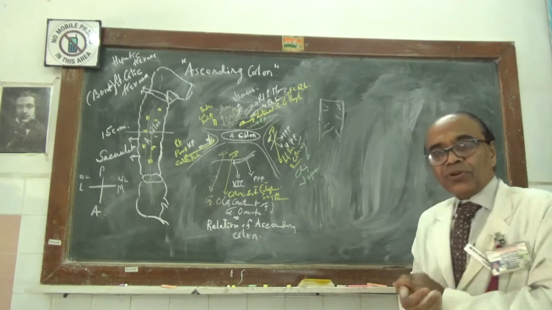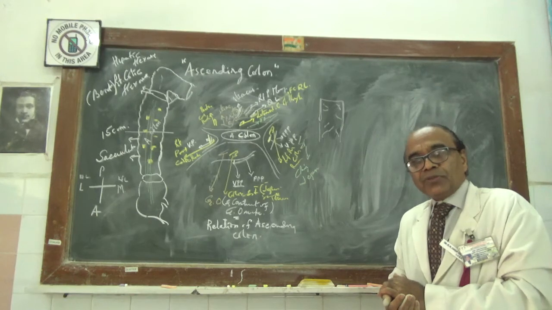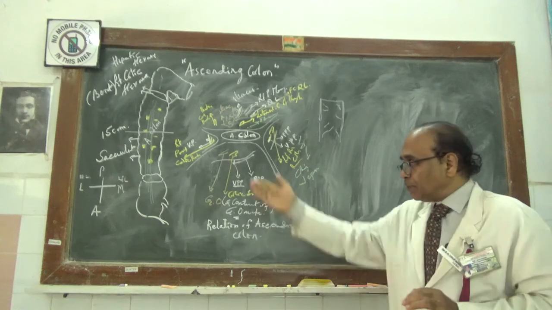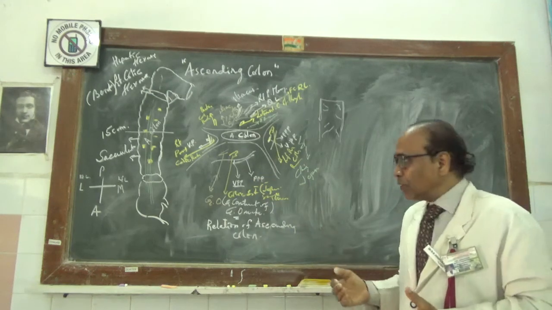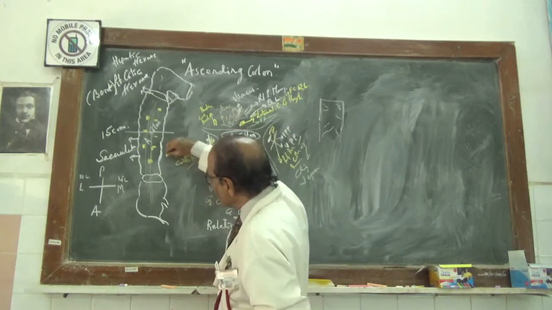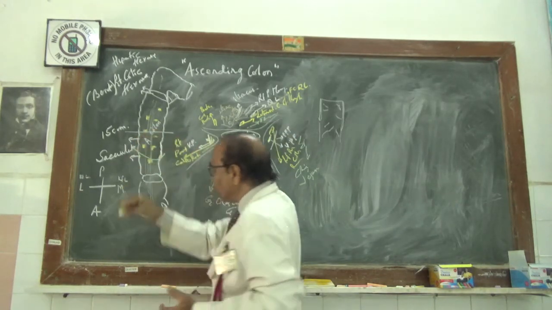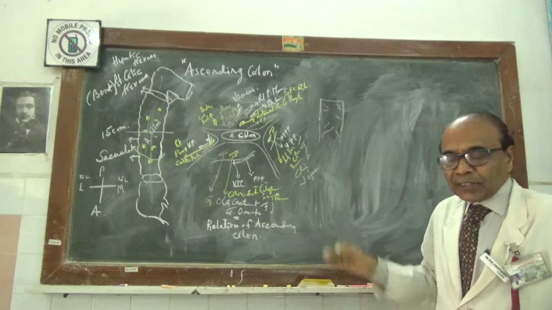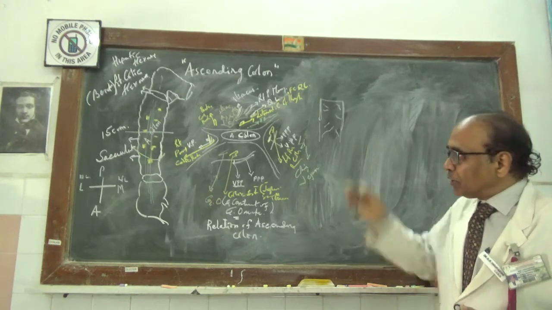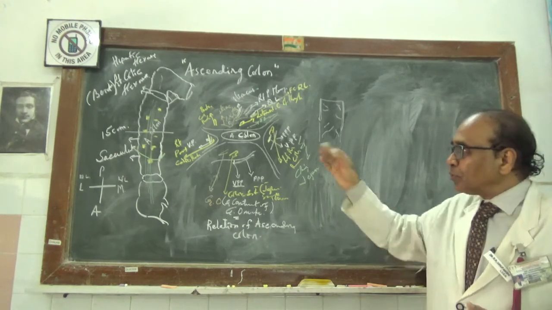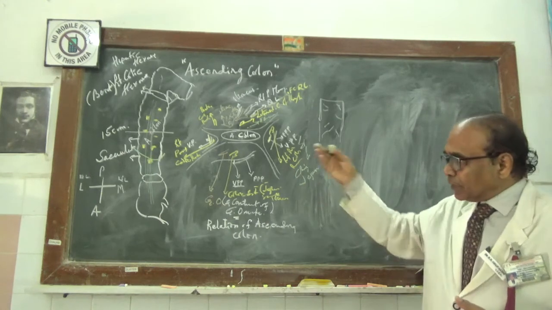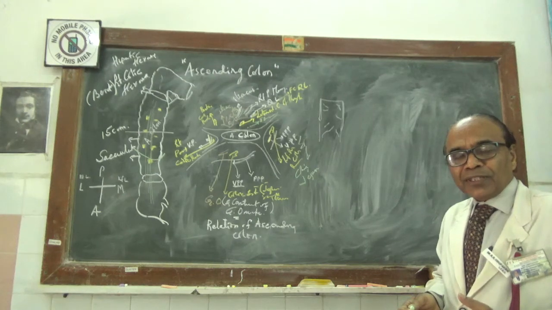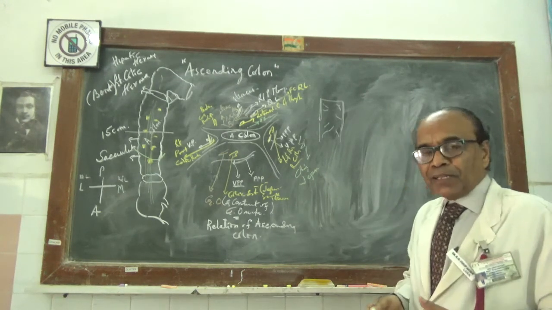Then you have to deal with the peritoneal relation for this ascending colon. The anterior part of the ascending colon will be covered by the parietal peritoneum. The parietal peritoneum will get attached and cover the entire portion of the ascending colon. Then it becomes a retroperitoneal organ on either side of the abdominal cavity in the lumbar regions.